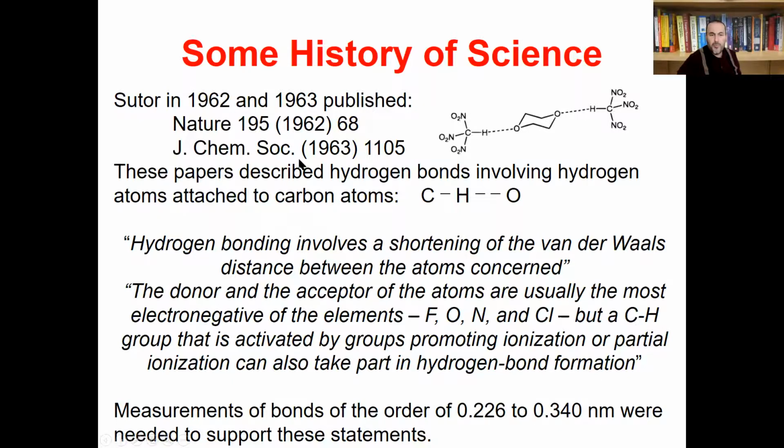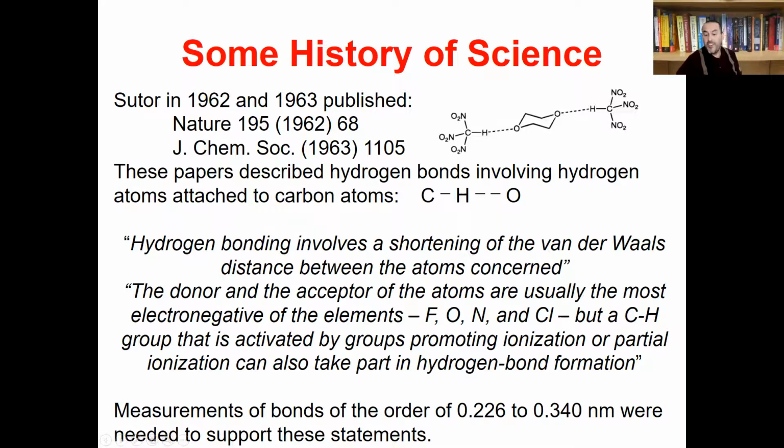The distances reported in these articles were a fraction of a nanometer: 2.26 angstrom, 3.40. Although it was 60 years ago, this is such an accurate description of the hydrogen bond.